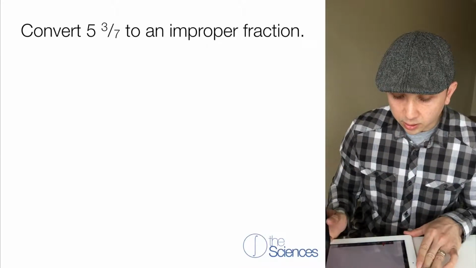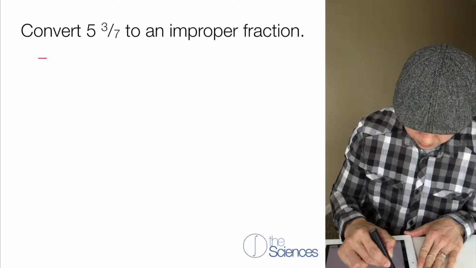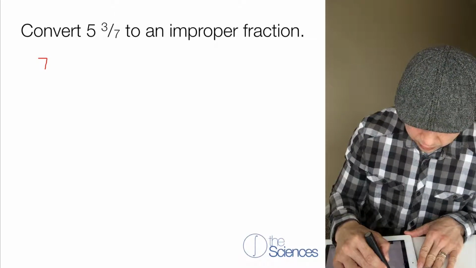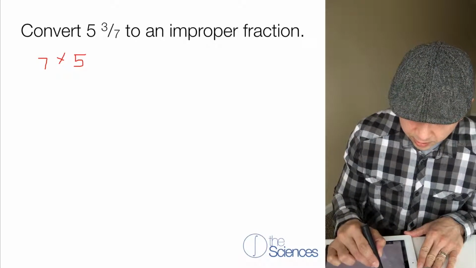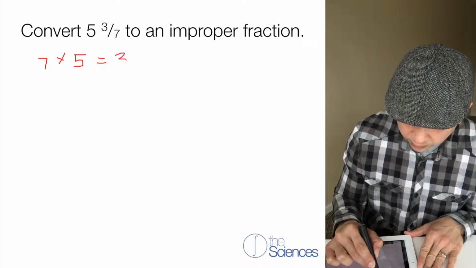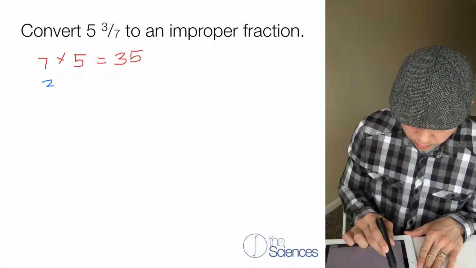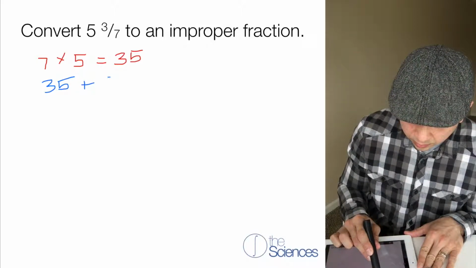The first thing we're going to do is take our denominator, 7, and multiply the whole number, 5. So 7 times 5 equals 35. Now we're going to take this result, 35, and add the numerator, 3.